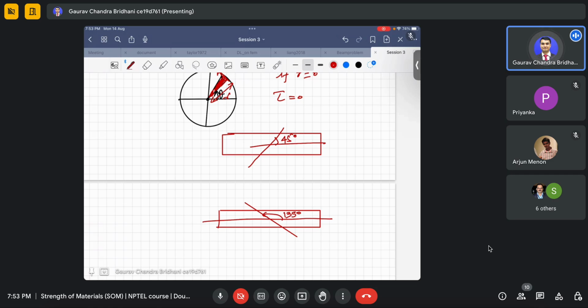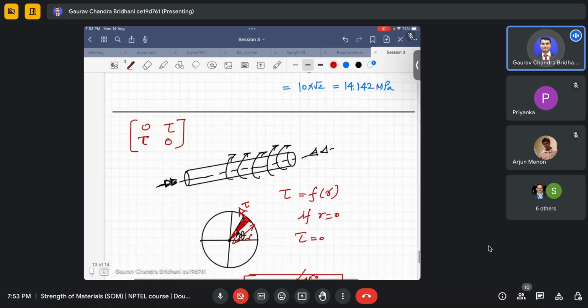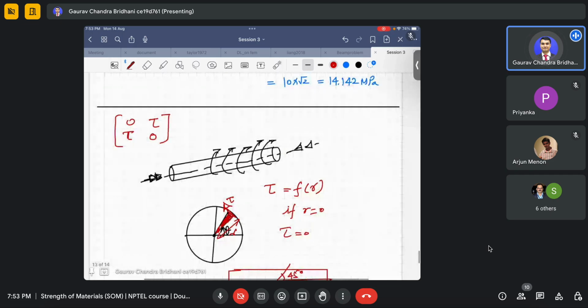Okay. So that means we first came to know a concept you are going to learn, that is called pure torsion. This is a concept like pure bending. You will also learn here pure torsion, and in torsion there is a theory behind it, like there is a theory of pure bending, there is a theory of torsion also.